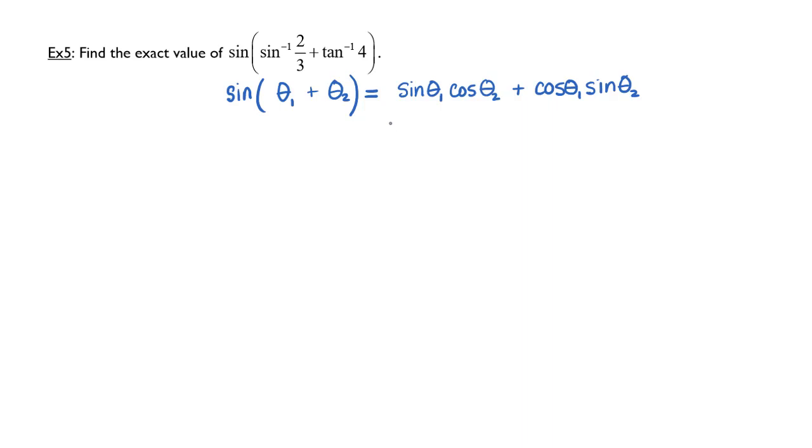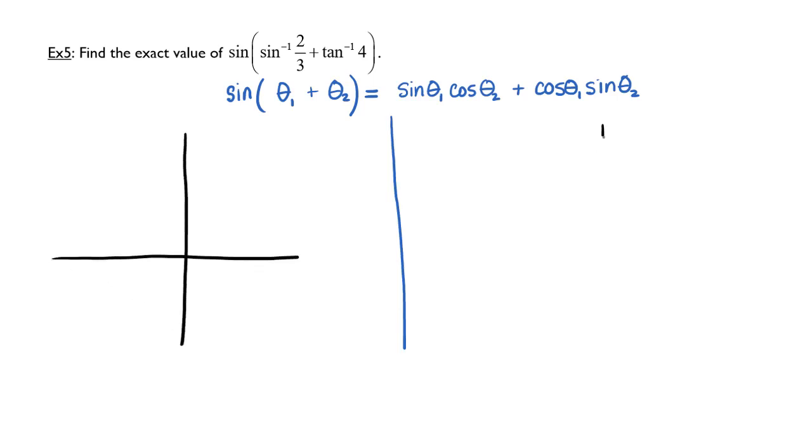Now I'm going to break my page into two parts, and I'm going to calculate theta sub 1 and theta sub 2 with generic triangles graphed on an xy axis.